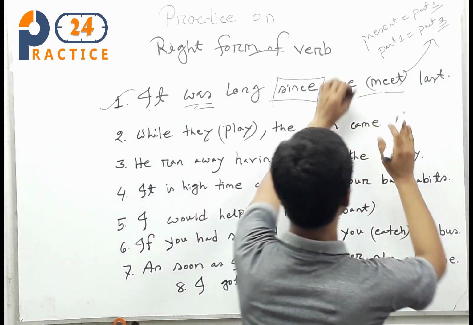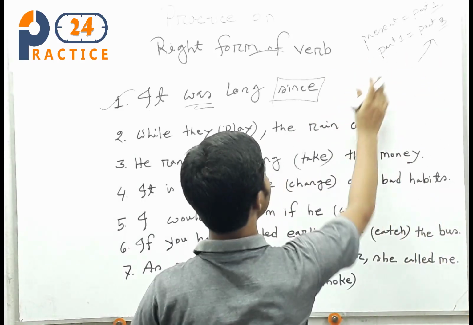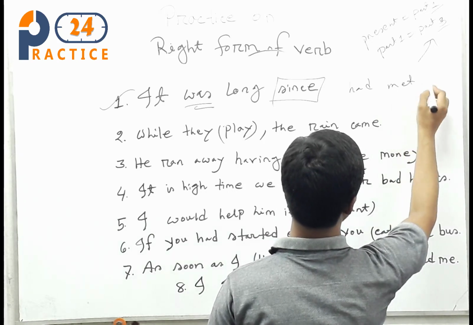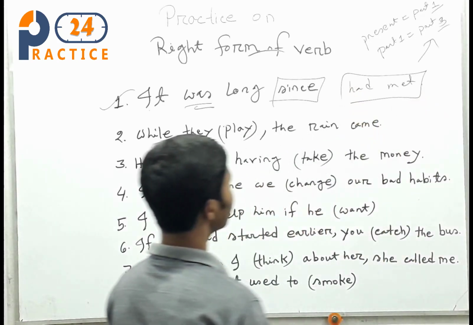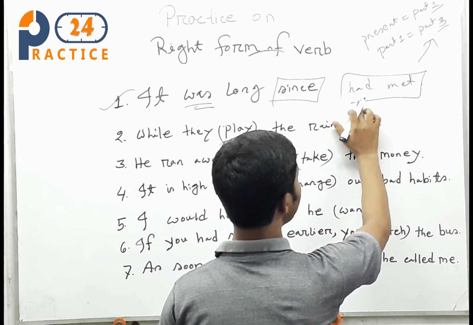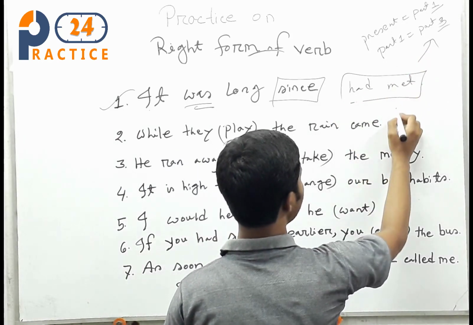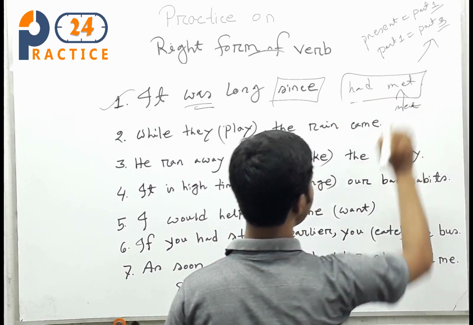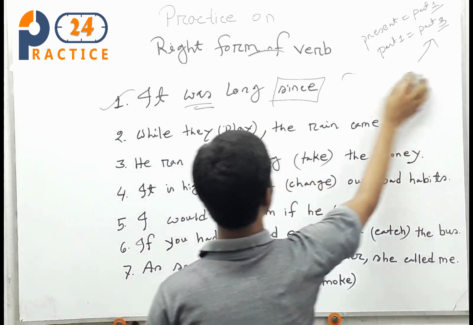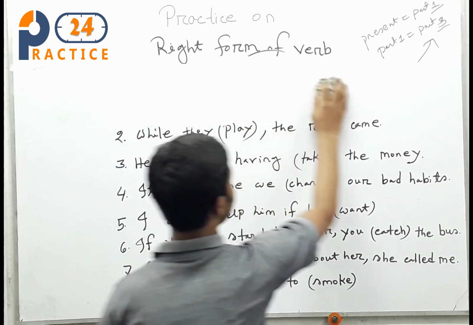So if you want to write meet in past perfect tense, then your answer will be had met. Why am I saying so? Because had is the auxiliary verb of past perfect tense and met is the past participle form of meet. So now move on to our next example.